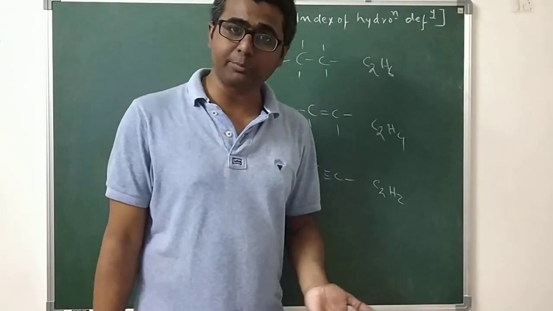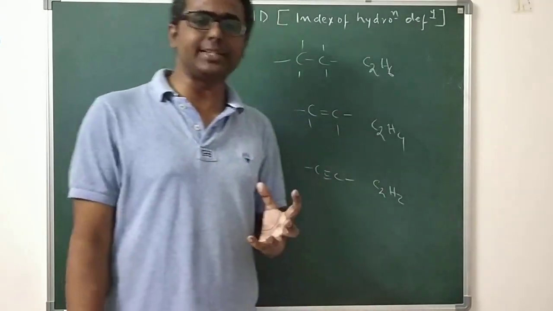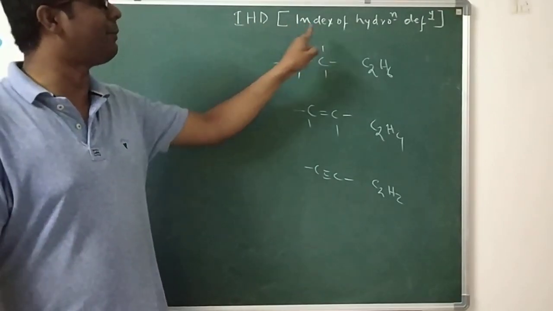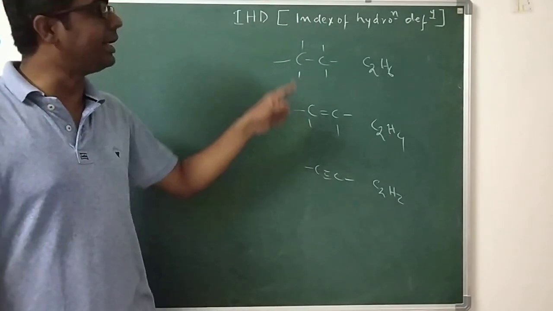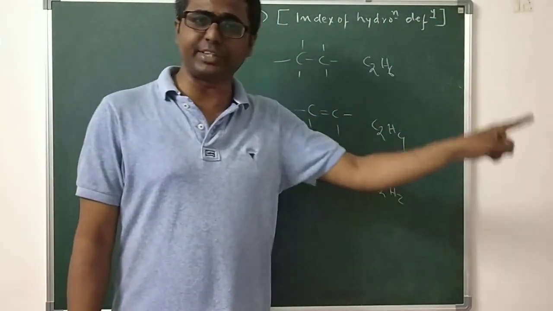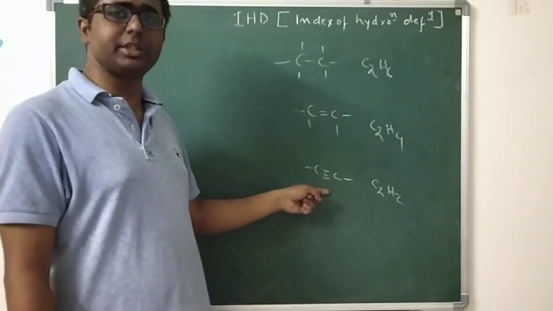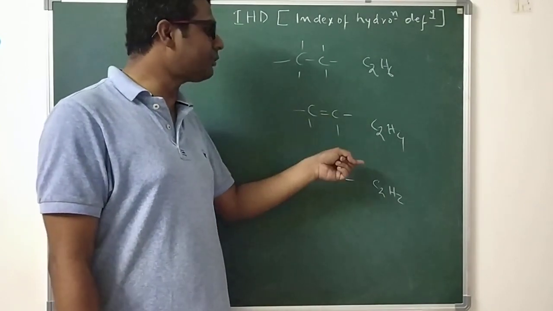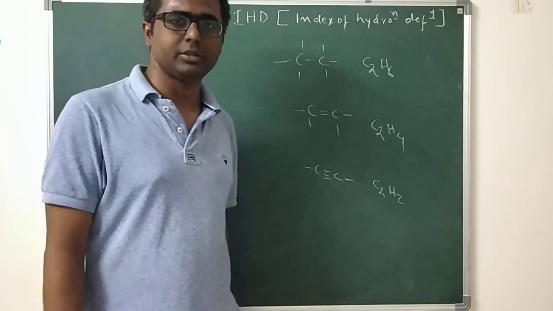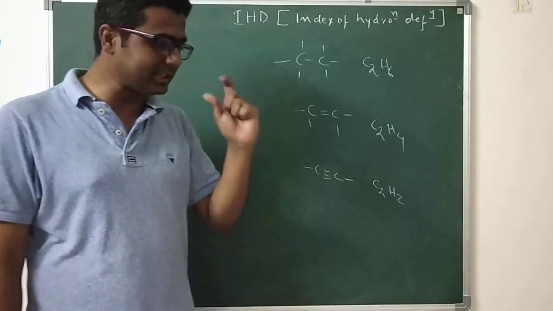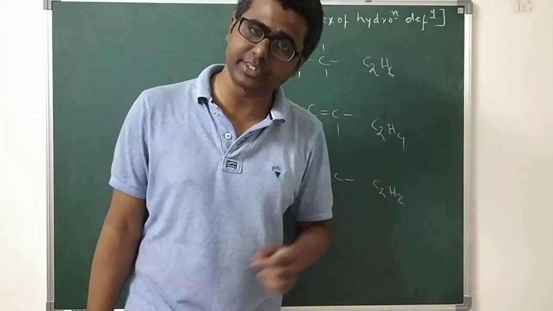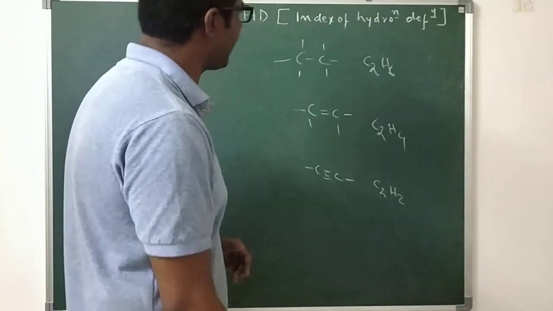Can there be a number possible? Can we quantify these things? That is where the need for an index comes up, and we have to calculate the index of hydrogen deficiency, because this is hydrogen deficient, much more hydrogen deficient than this one, and this one is more hydrogen deficient than this one. So what is the index? What is the number by which you can signify the hydrogen deficiency of a compound? That's what we have to calculate.